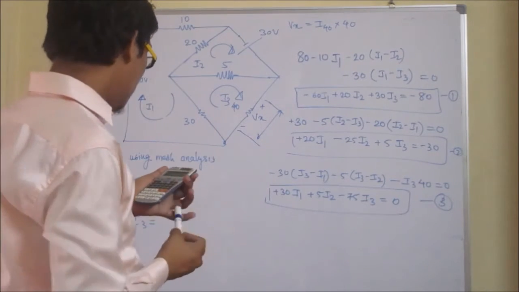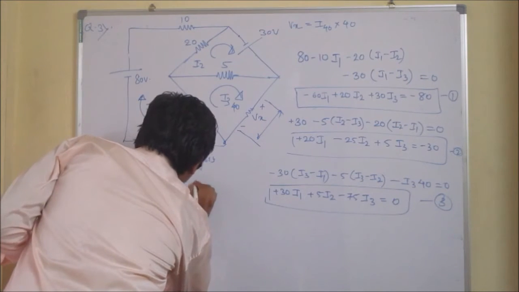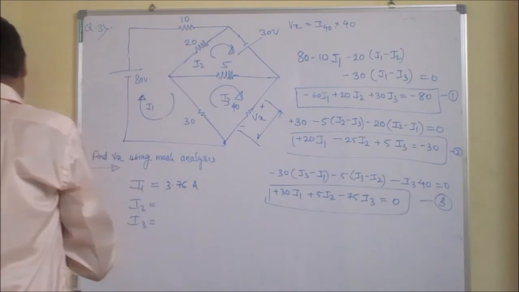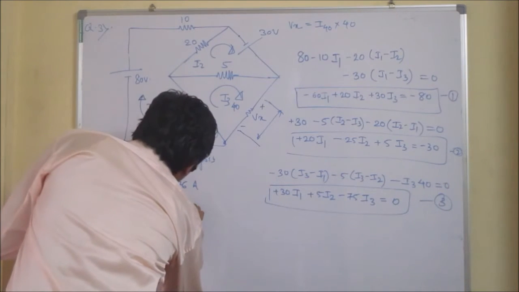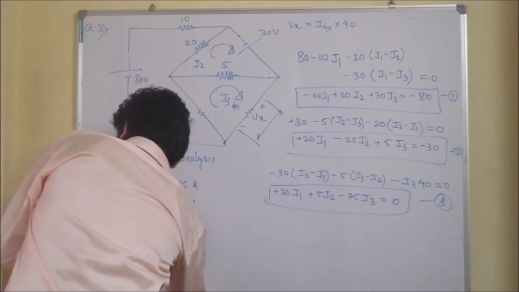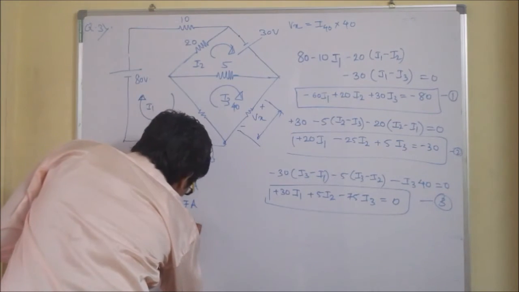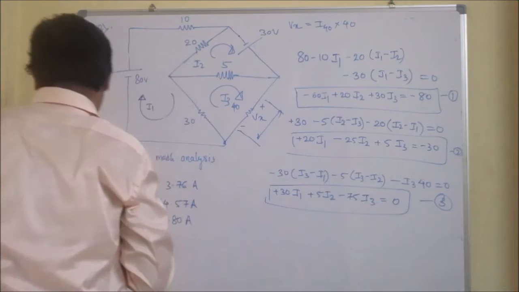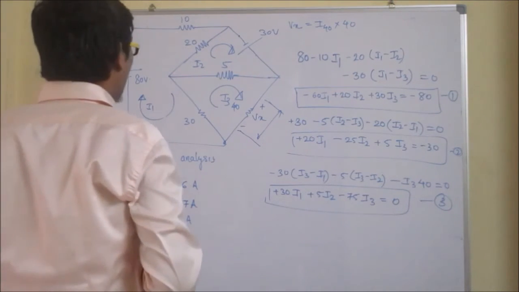The value of I1 is 3.76 amperes. The value of I2 is 4.57 amperes, and I3 is 1.80 amperes. These are the three values of I1, I2 and I3.